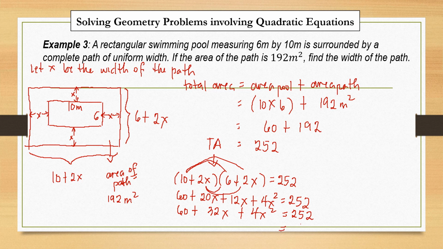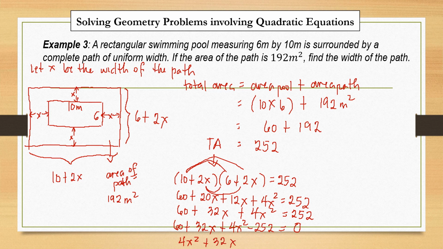Applying the zero product property, we will have 60 plus 32x plus 4x squared minus 252. So we now have 4x squared plus 32x.